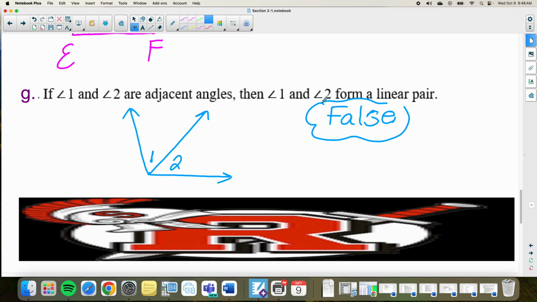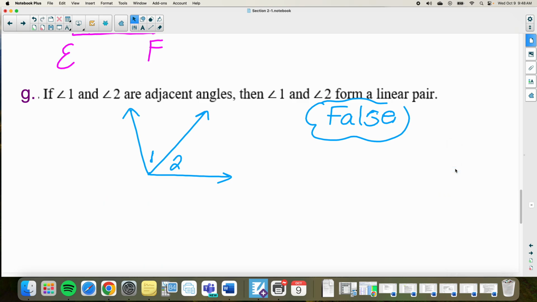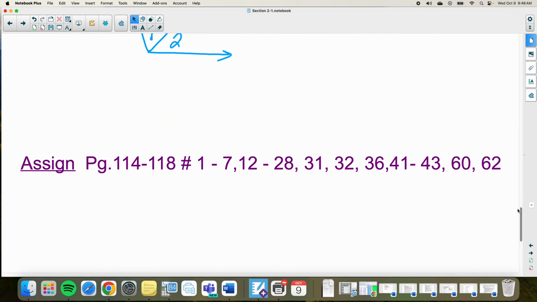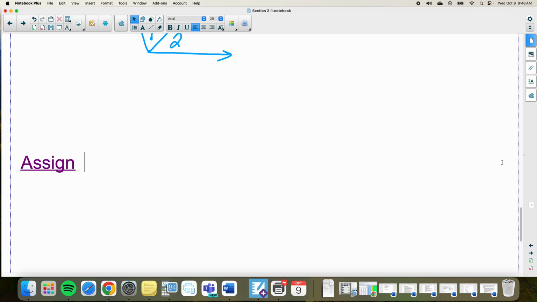All right. So I have a worksheet for you guys today, and I put the key on. Oh, I guess I didn't write it up. Oh, ignore this assignment. This is not right. All right, so it's a worksheet today.